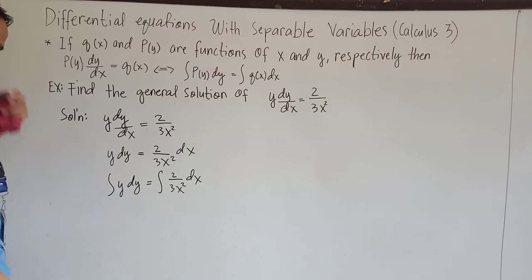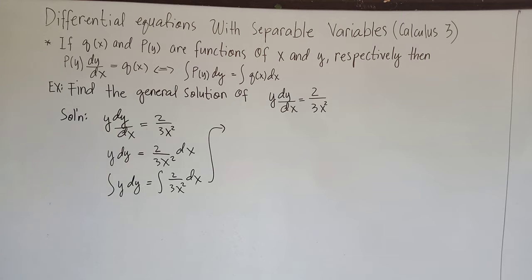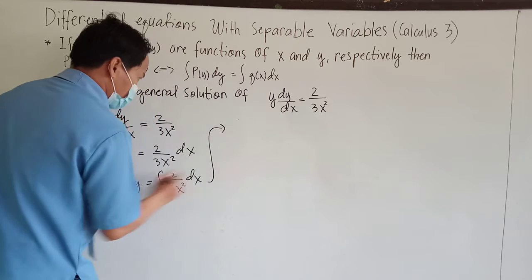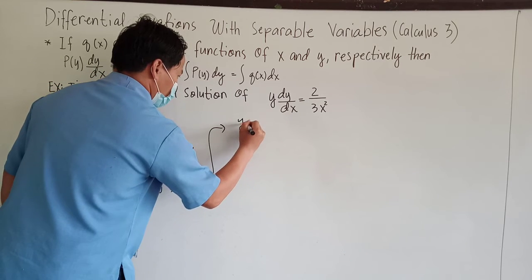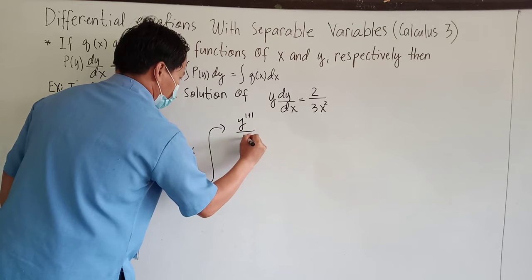Okay, so that is how we are going to integrate the given two functions on the left and right hand side. Then we will use the concept of the integral to integrate both sides. So the integral of y is equivalent to y to the power of 1 plus 1 over 1 plus 1.